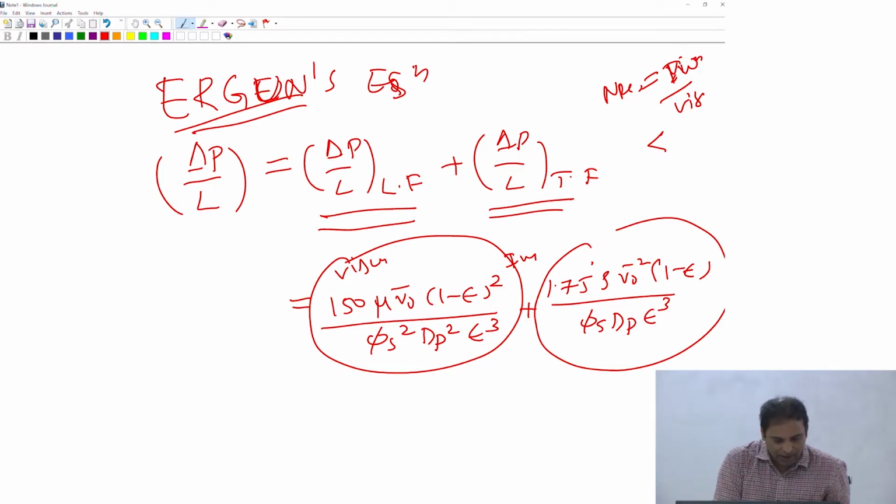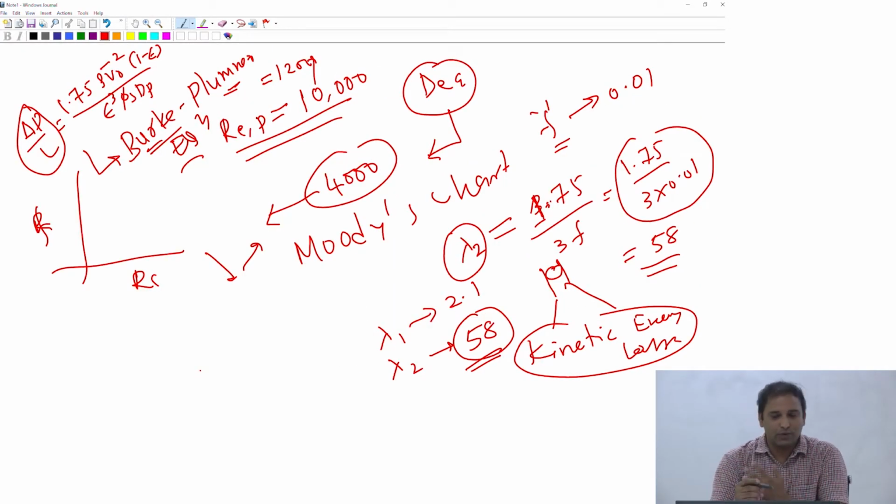I just took some case that was actually given in the book, but the idea is this. If I want to get the friction factor f using a Moody chart, I should know the Reynolds number for the flow through a pipe. So if I say that the flow is occurring in turbulent flow conditions in the packed bed, I find out the Reynolds number for that condition.